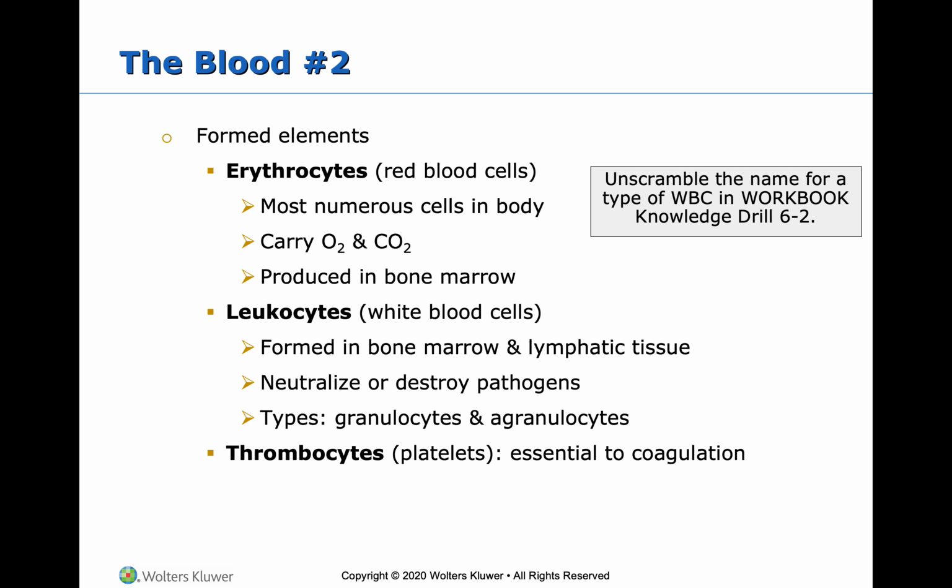They are the smallest of all the formed elements, and they are the first cells on the scene of an injury. So when we puncture somebody's vein and we put a little hole in their vein, the first cells that are going to come to that site to initiate clotting and prevent the leakage of blood out of that hole are the thrombocytes or platelets.